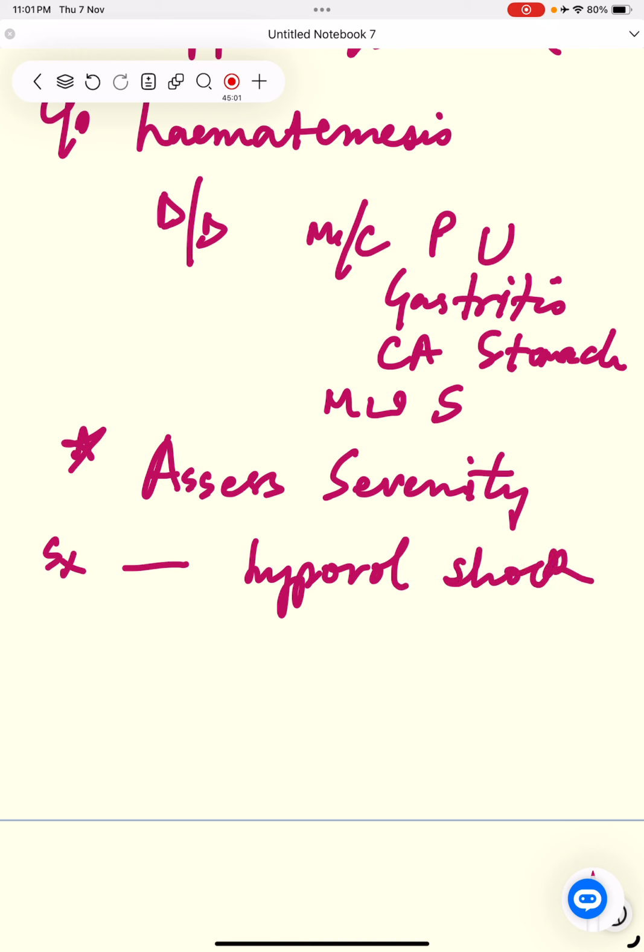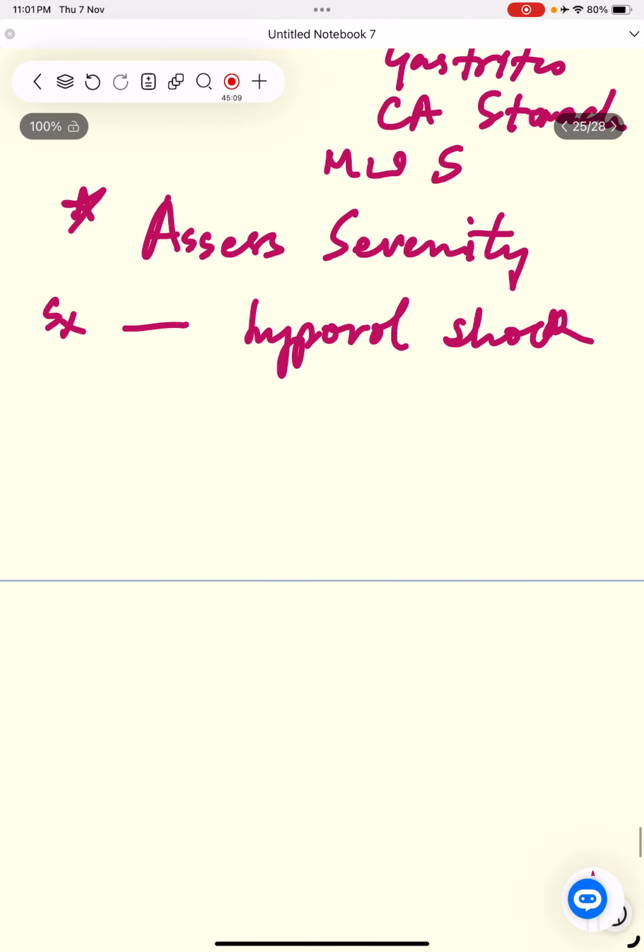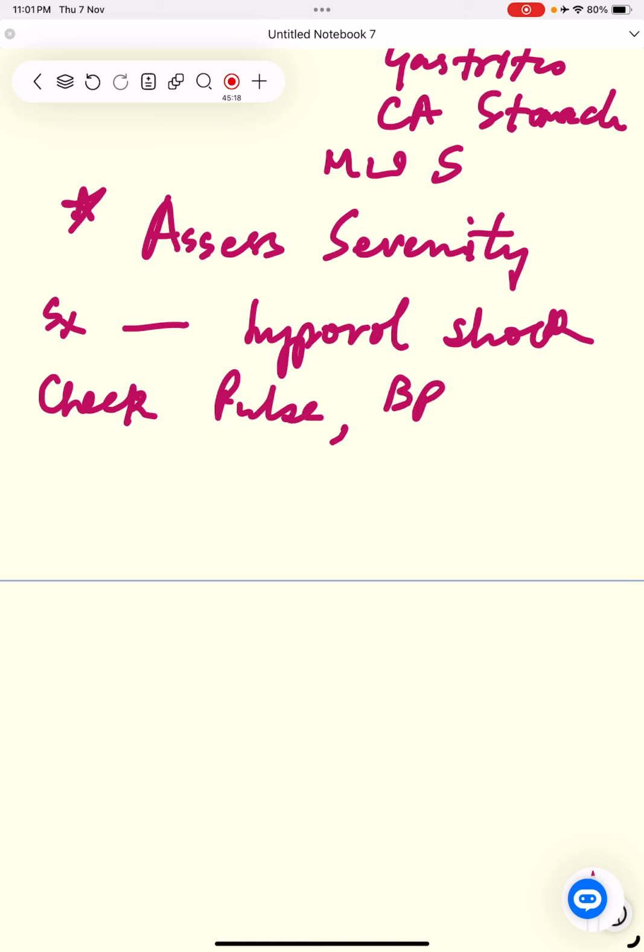The patient will have tachycardia, tachypnea, dyspnea, cold peripheries, and may even have altered sensorium. So whenever such a situation happens, first thing to do is check pulse, BP, and orthostatic blood pressure should also be checked, that is from supine to standing position.